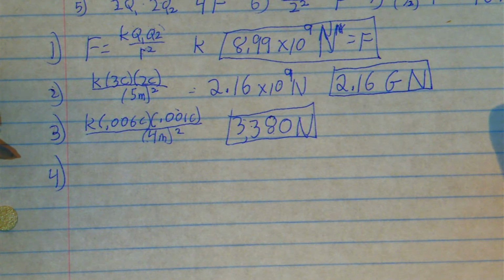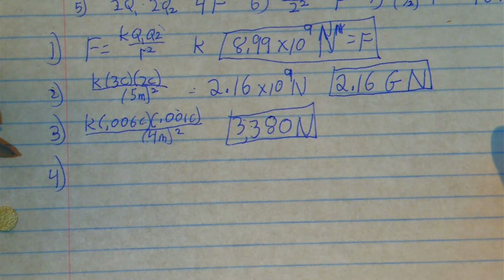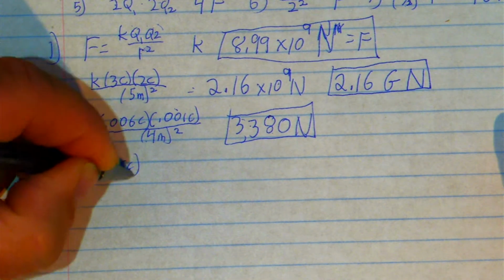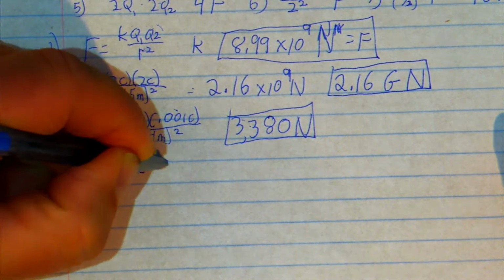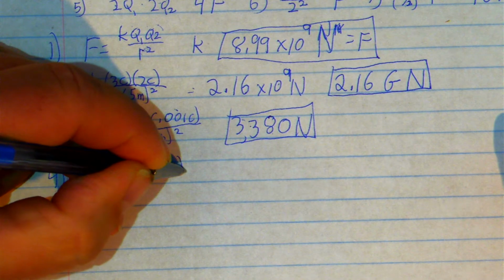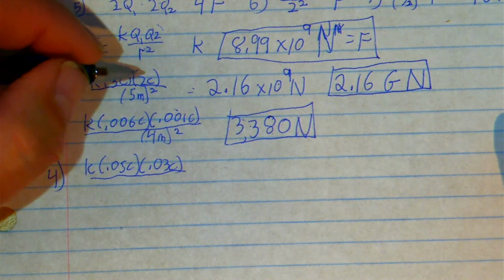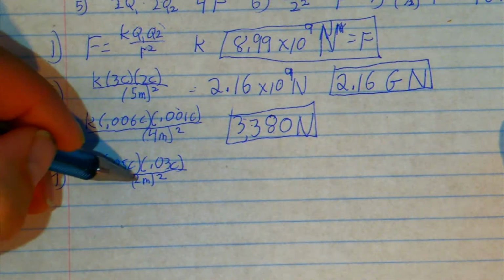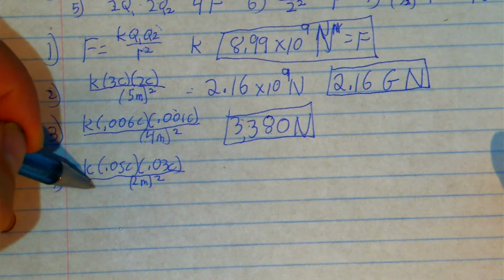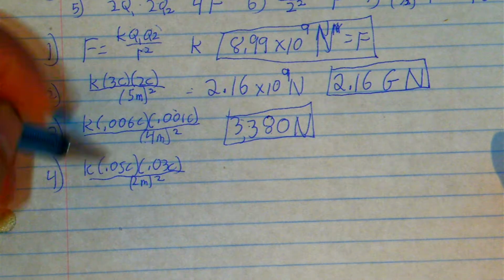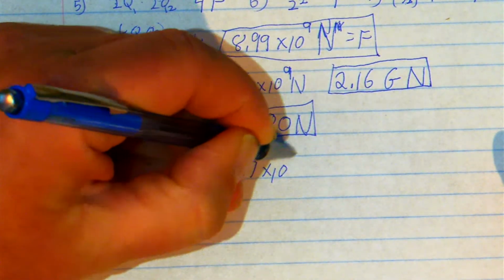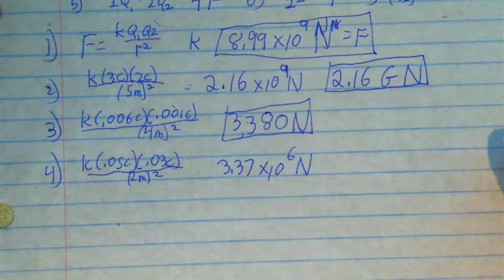Okay, number 4, calculate the force between this charge and that charge. Well, K times 0.05 coulombs times 0.03 coulombs divided by the distance in number 4, which is 2 meters. Some of this you can do in your head, like 2 squared is 4. But in general, you use your calculator, and I get 3.37 times 10 to the 6th power newtons.